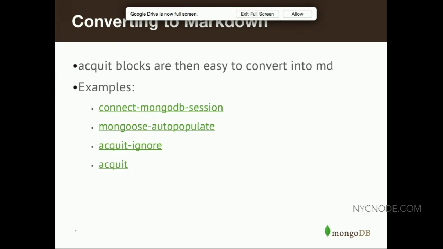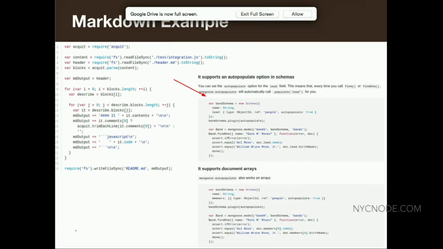Once you have that, you're responsible for converting it into Markdown. And while that sounds like a lot of work, I've actually done it for several modules and for part of Mongoose as well, so it's actually pretty easy to do. It looks something like this.